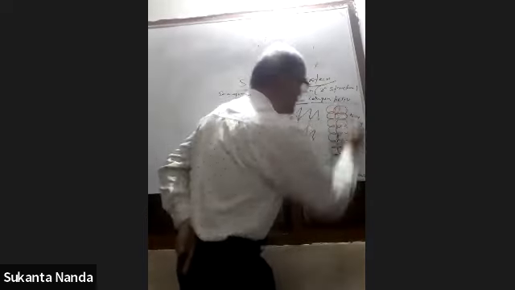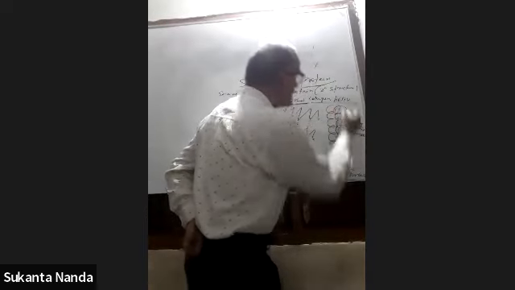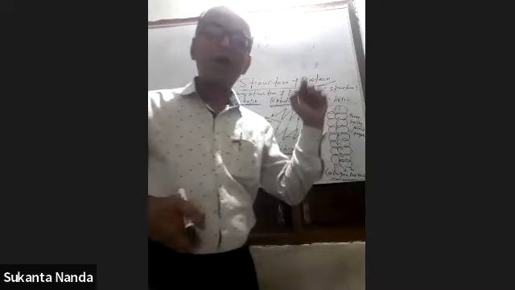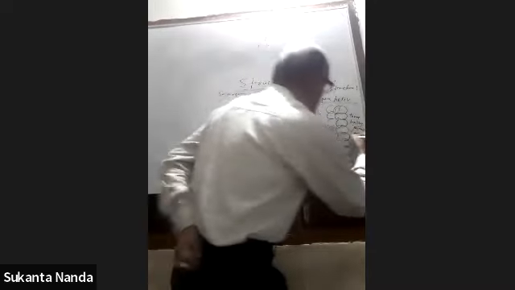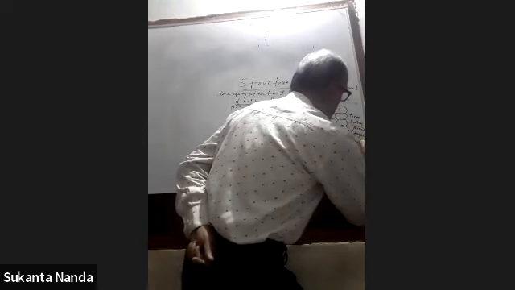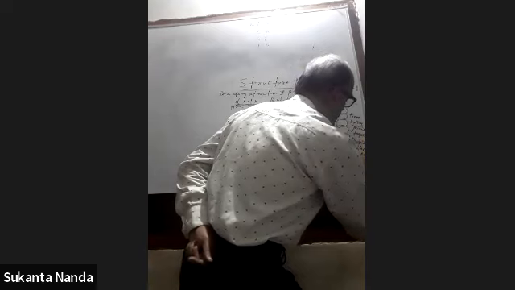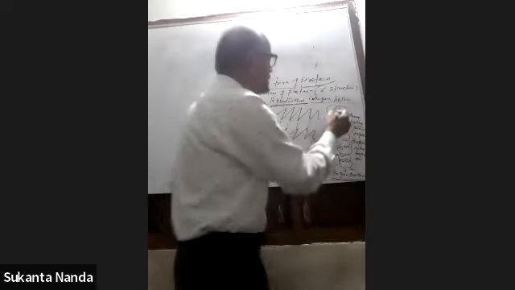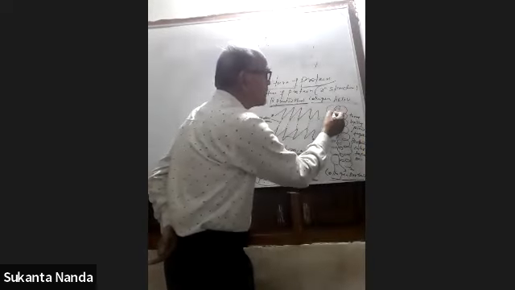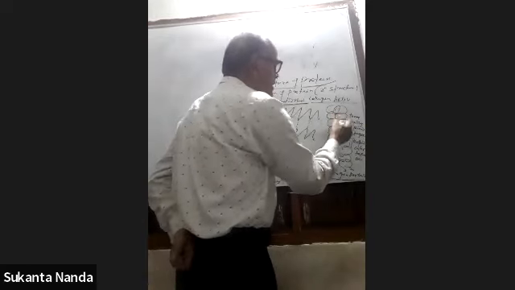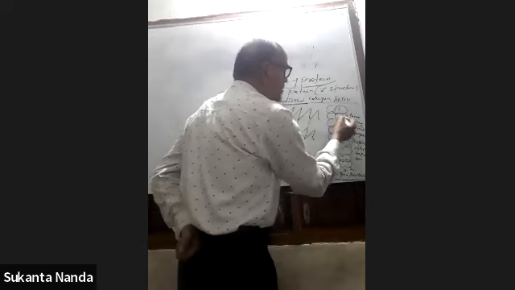You have to draw like this, another one like this, and the middle one, and they must be perpendicular to each other. You see that, here they are all perpendicular.